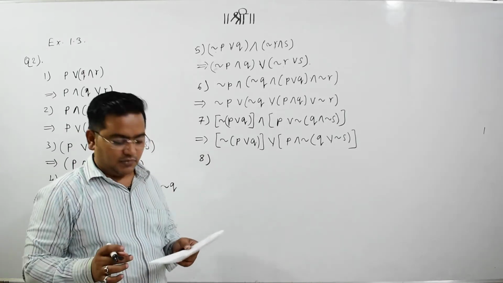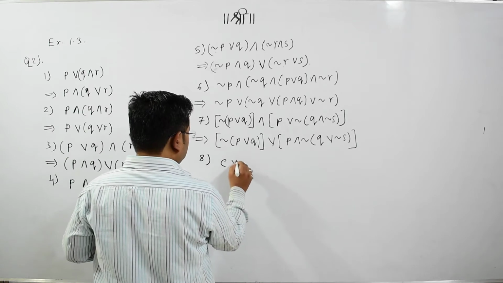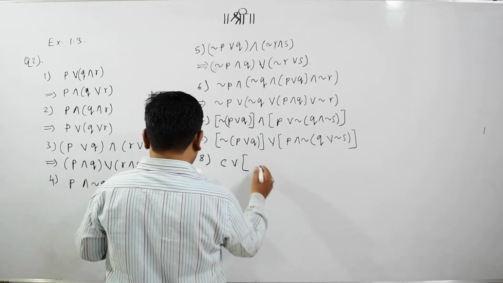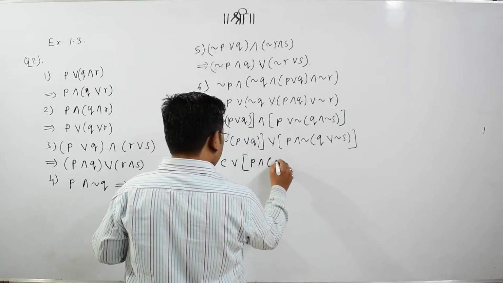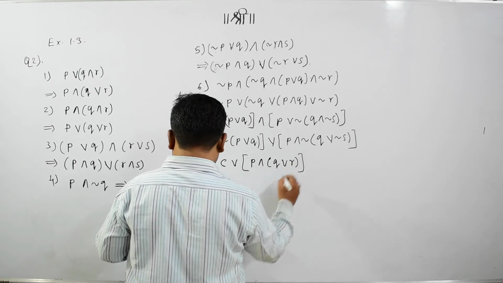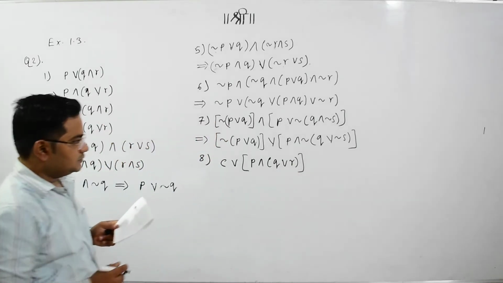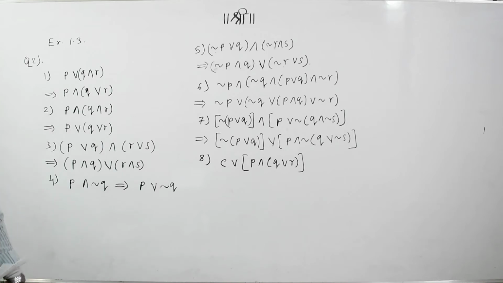Within the question number 8, they have given us C or P and Q or R. Just look at the question properly. Now within this question, what is expected? We need to change only what?